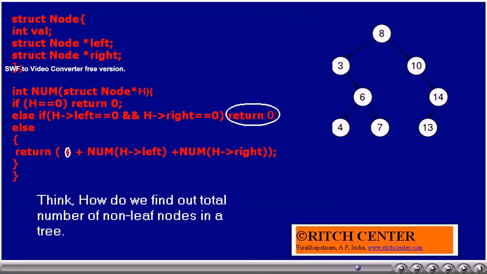If h is equal to 0, return 0. If h is a leaf node, also return 0. Otherwise return 1 plus the left side non-leaf nodes plus the right hand side non-leaf nodes. A small modification like this will give you the number of non-leaf nodes in the tree.